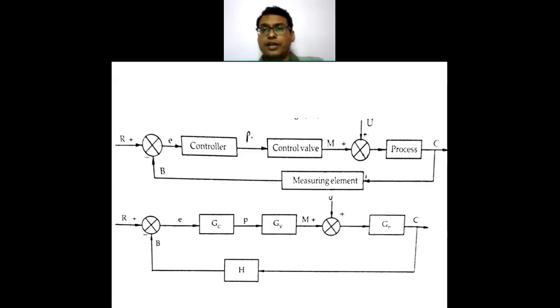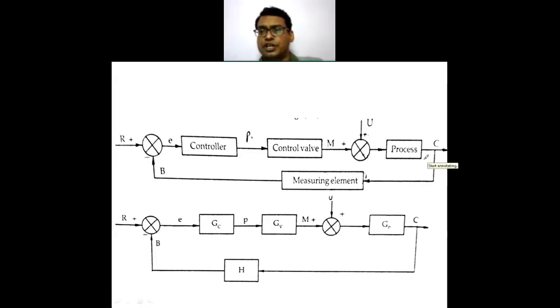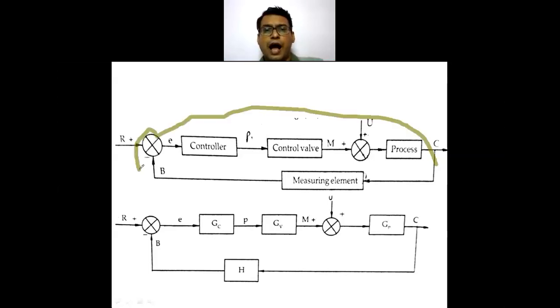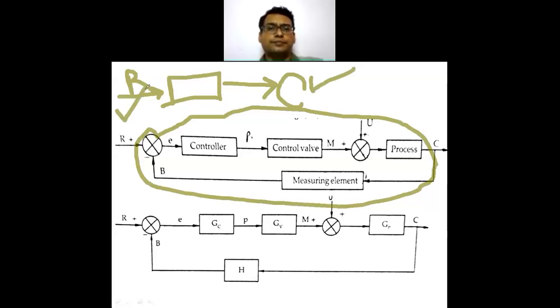Now after reduction of this block diagram into a single block, that is combining all the transfer functions, my output will be C upon R. So I am representing this in one single block of the reduced flow diagram, where this is the value of R and this is the value of C, the controlled variable and the set point.